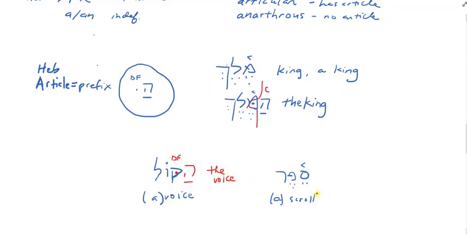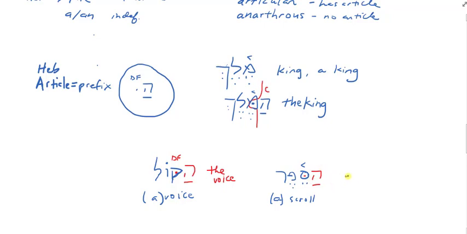Here's the word for scroll, sefer. So everybody say that, sefer. Sefer. If you follow the book or the scroll, you'll be safer in your life, won't you? So, how would I say "the scroll"? Add the hey, add the patach, add the dagesh forte. So it's hassefer. Hassefer.